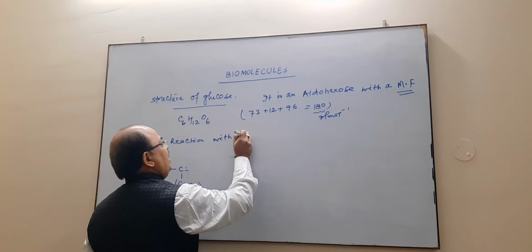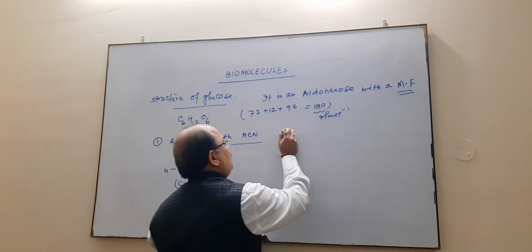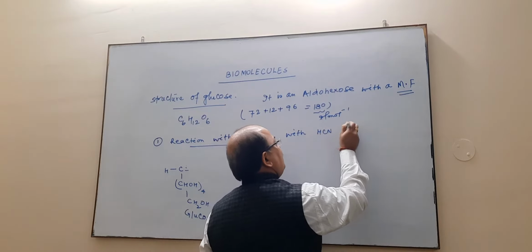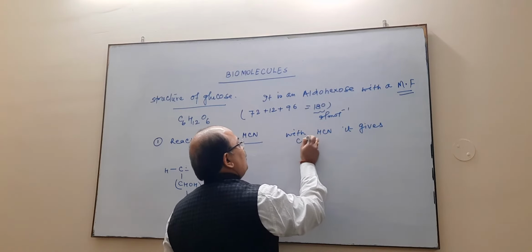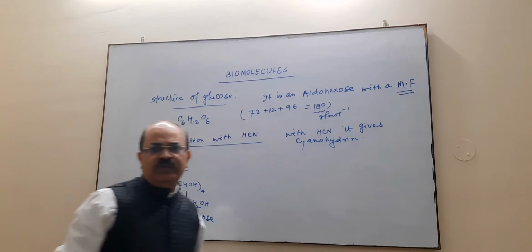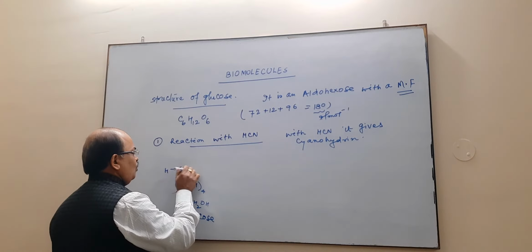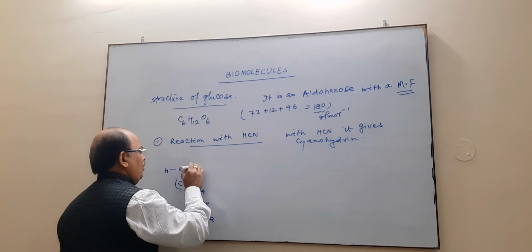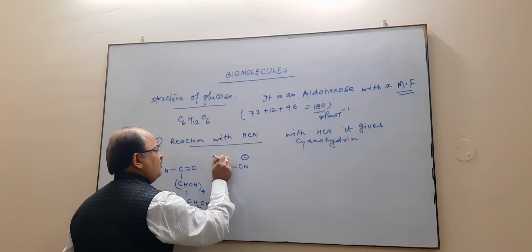So with HCN, glucose gives cyanohydrin. तो देखिए ग्लूकोज हो गया CHO ग्रुप, HCN, this is minus, this is plus.